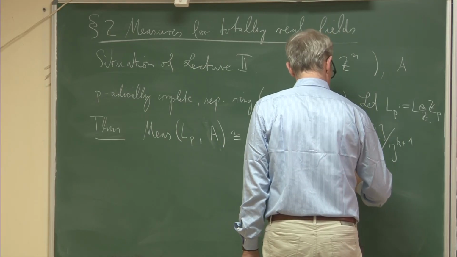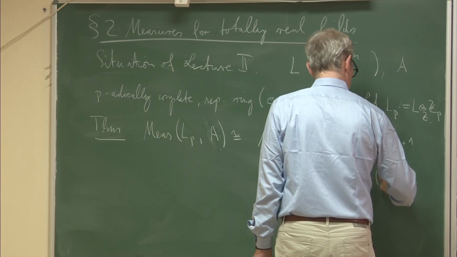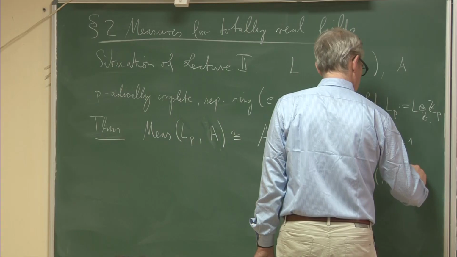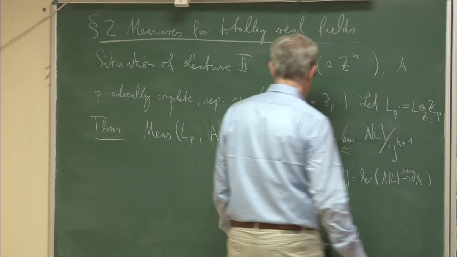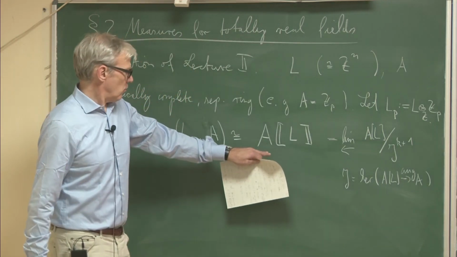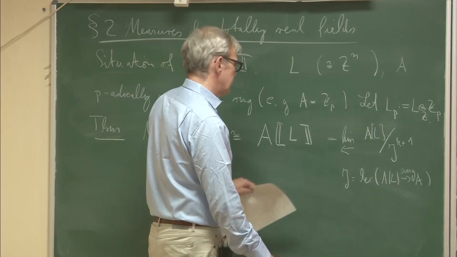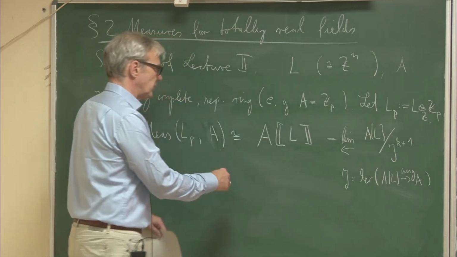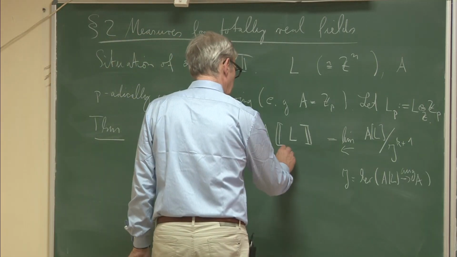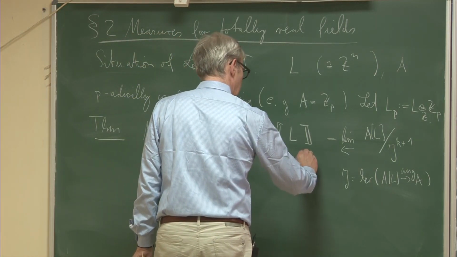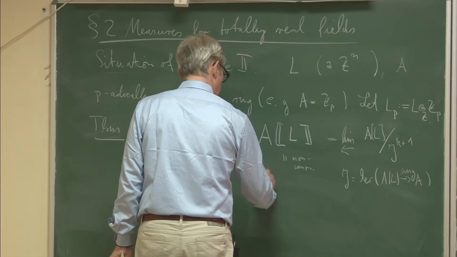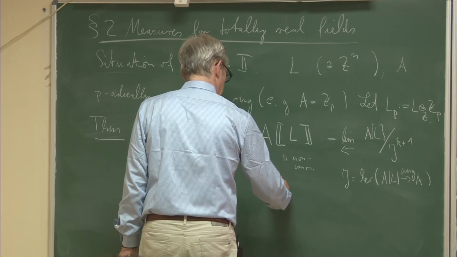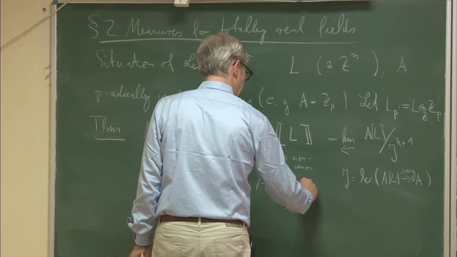So this is the kernel of A[L] to A, the augmentation. And so this means that after choosing some basis, non-canonically, this is isomorphic to the power series ring in n variables.